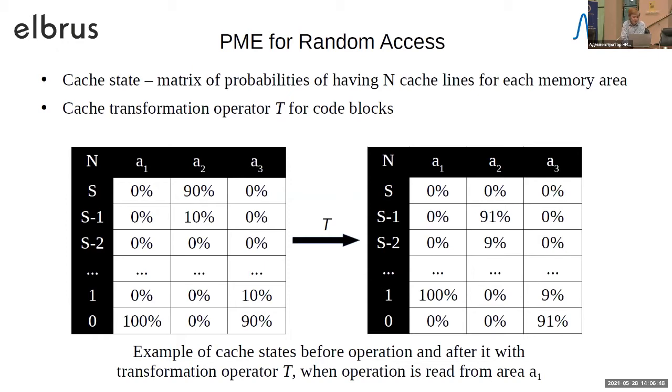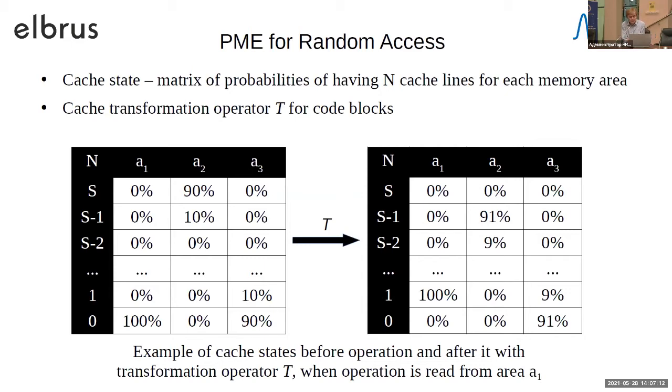And this is for each memory area from 1 to 3. In this example, we see that A1 is out of cache fully. There are no lines of the A1 memory area in the cache.